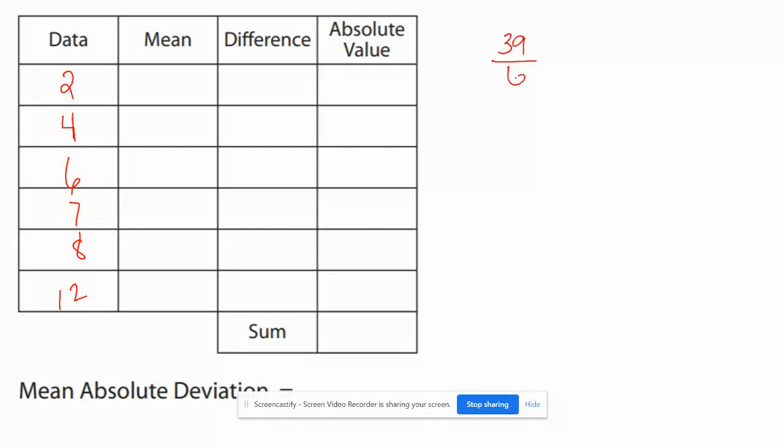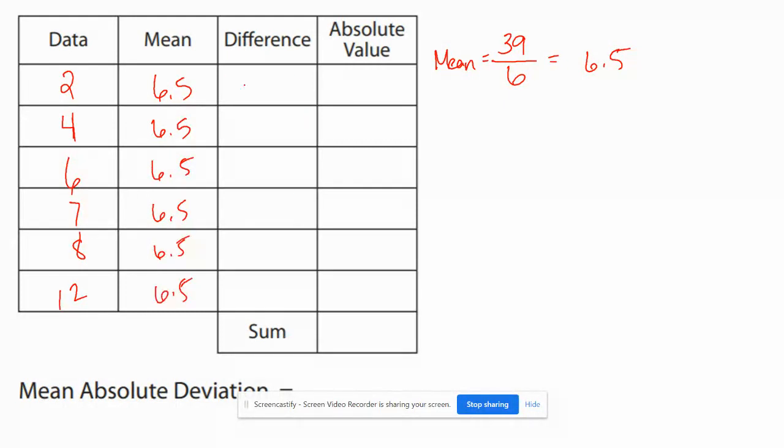And I would divide it by 6. Right? That's my mean, 39 divided by 6. I have 6 numbers. My sum is 39. And that would give me 6.5. So my mean is 6.5, all the way down.